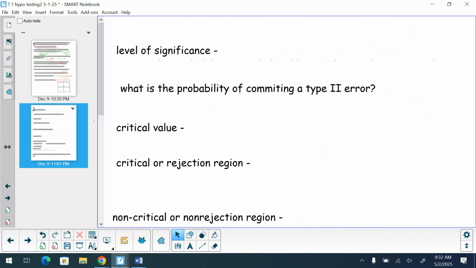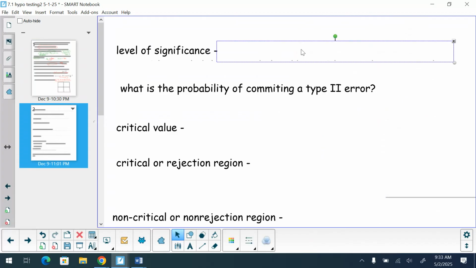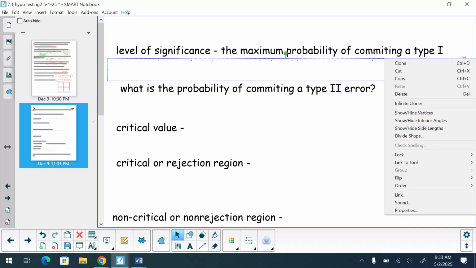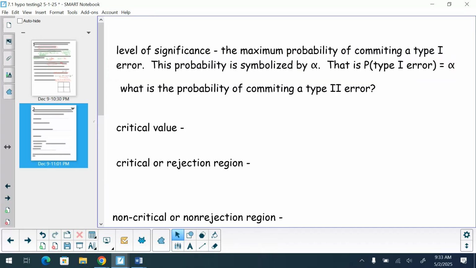Go to the back side. We have a level of significance. And when we deal with a level of significance, it is a maximum probability of committing a type 1 error. And once again, all we will be dealing with in this class is type 1 errors.